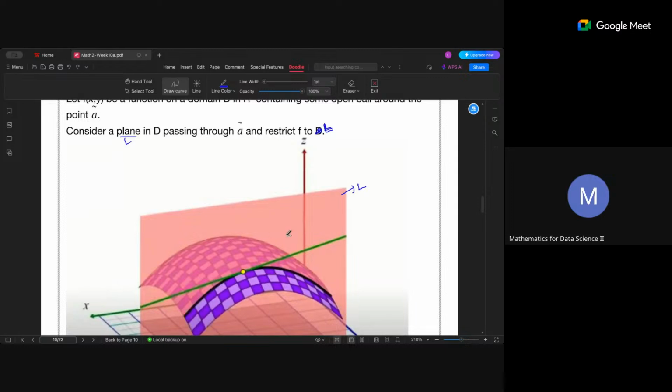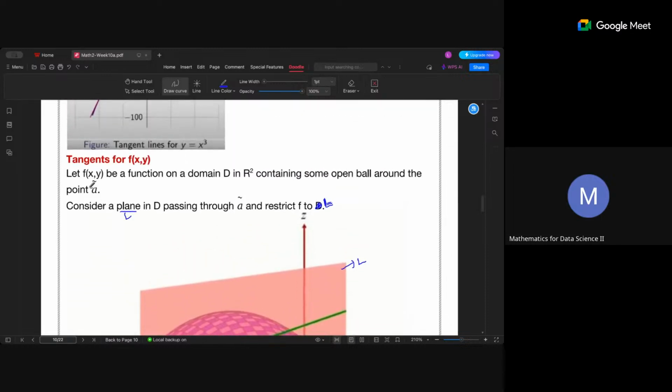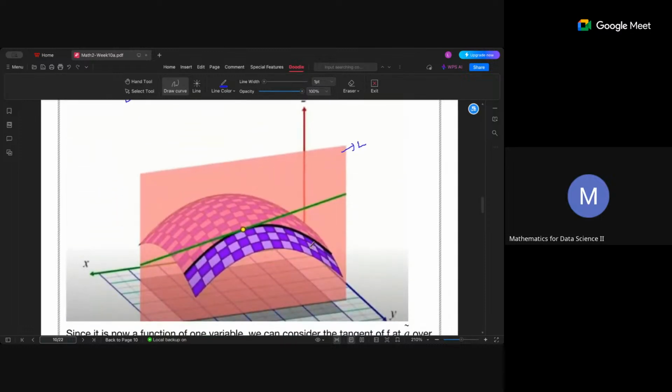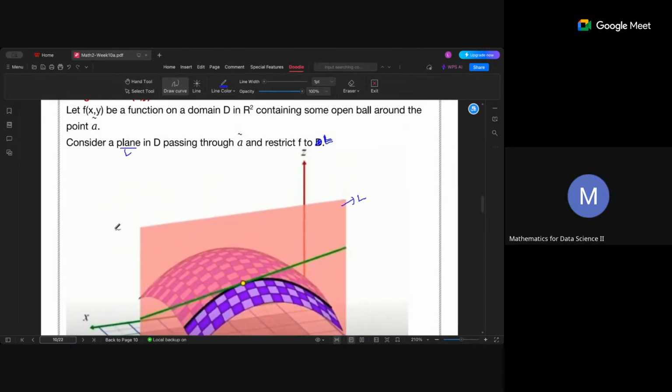So this is whatever you see in this purple color. This is the actual function f of x comma y on the entire domain D in R2. Now, instead of considering the entire domain, I am going to restrict this to a plane which passes through the point A tilde.